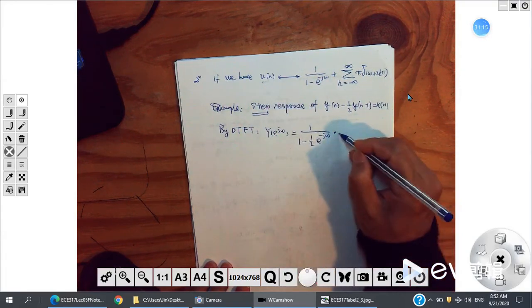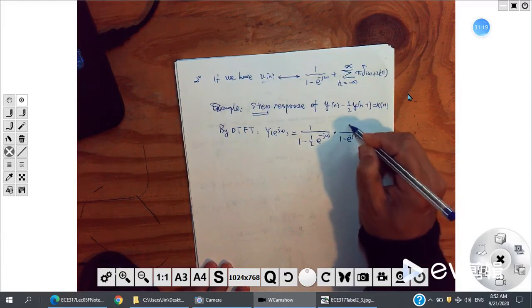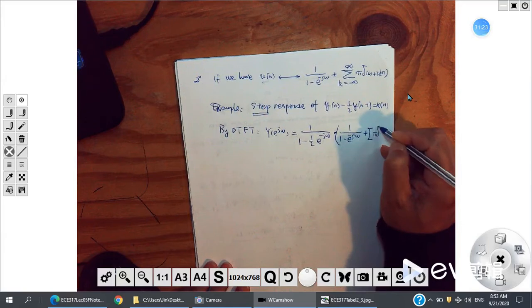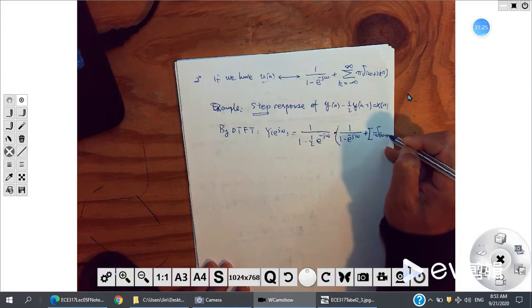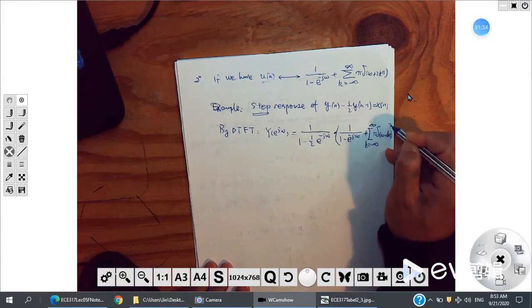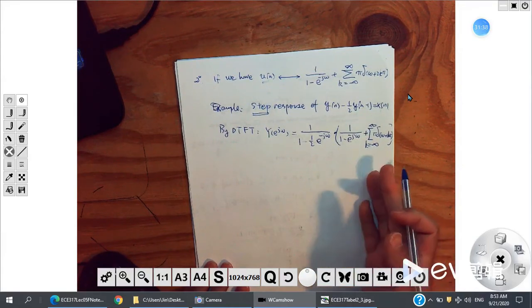So in the frequency domain this is 1 over 1 minus e to the negative j omega, plus the summation of pi delta of omega plus 2k pi. Okay, I just have enough space. k runs from negative to positive infinity, like this. Alright, what is this?